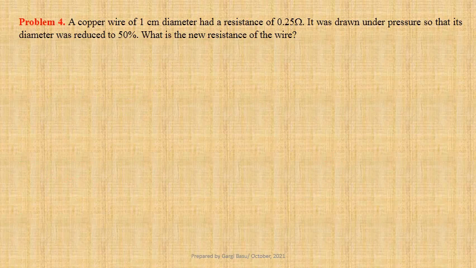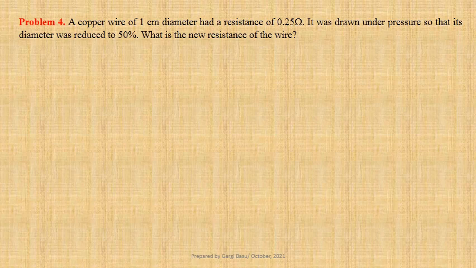A copper wire of 1 centimeter diameter had a resistance of 0.25 ohm. It was drawn under pressure so that its diameter was reduced to 50%. We have to determine the new resistance of the wire.